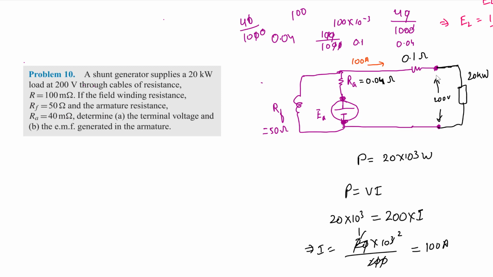Now you can see here this is 0.1 ohm, and suppose this is ground, so this is 200 volt.